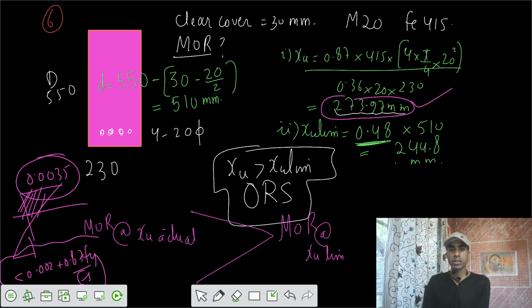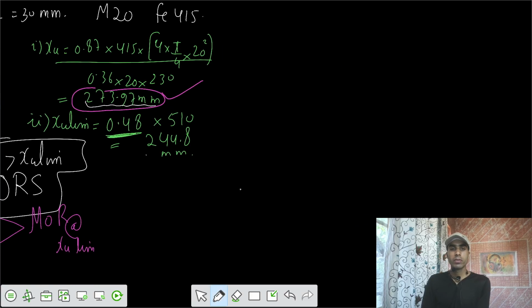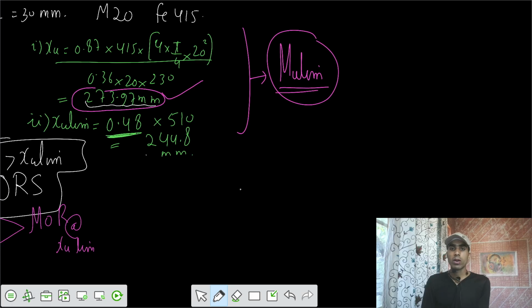So this is the first step, that I should ensure my moments. Why am I solving for only Mu limiting? Because the MOR corresponding to Xu actual, because the section is over-reinforced, is more, but it would ensure that your steel is not getting yielded.